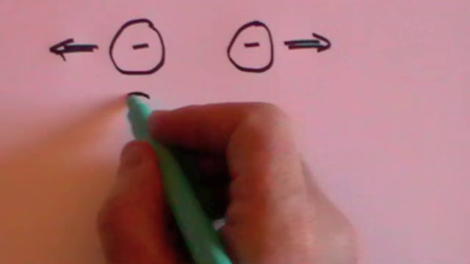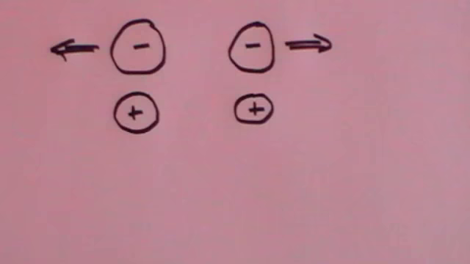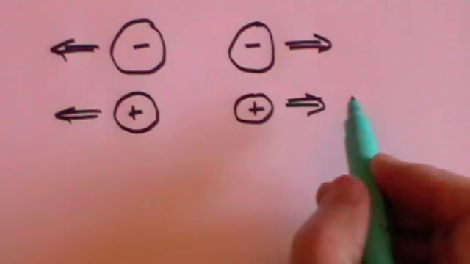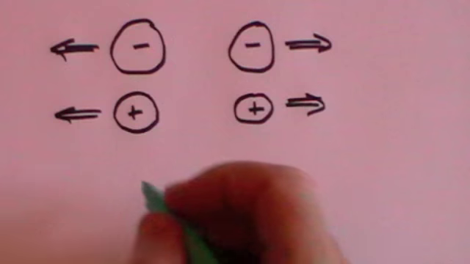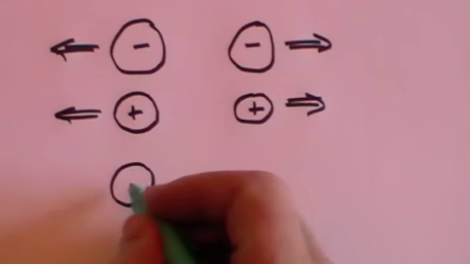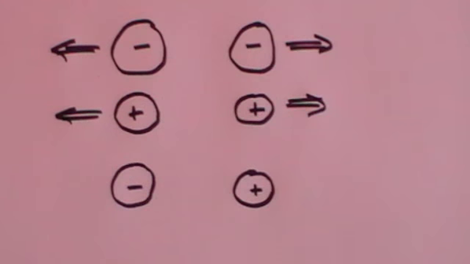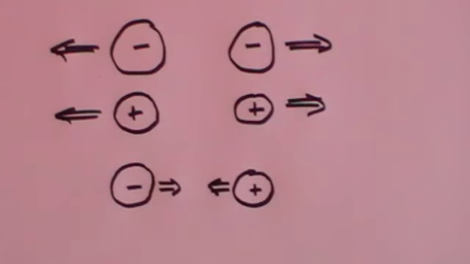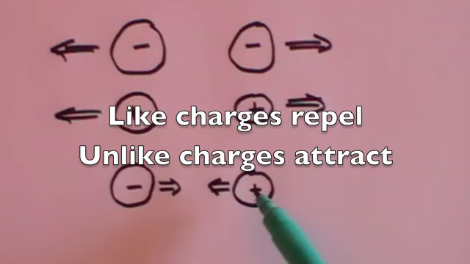Similarly, if you bring two positive charges together, they are like charges. They are the same. So there is a force that will cause them to push apart. But if you bring unlike charges, a plus and a minus together, then the force will cause them to attract. Unlike charges attract. Like charges repel, unlike charges attract.